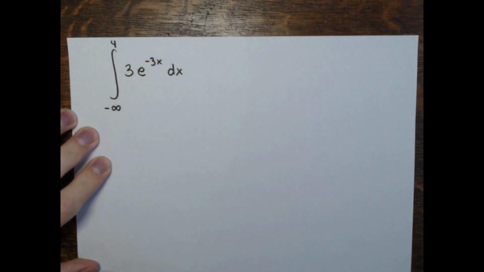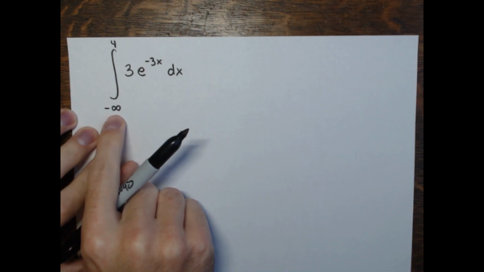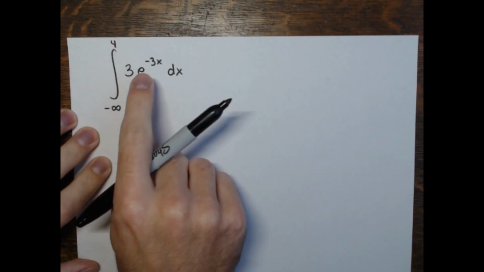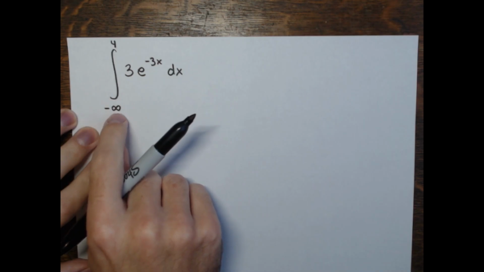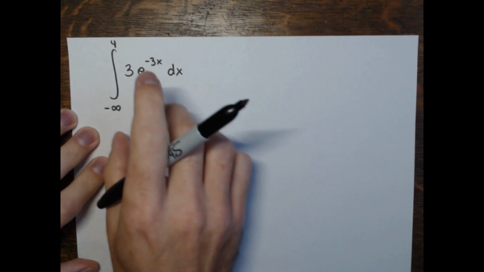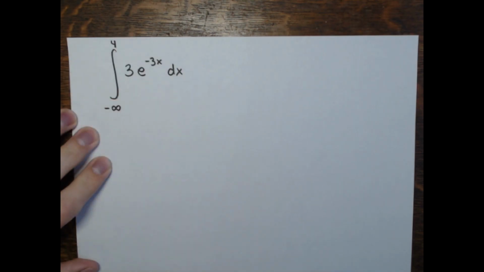Now, I do have a feeling, because my values of x here are negative, most of them, right? Negative infinity up to 0, and then 0 to 4, these will be small. But when you plug in bigger and bigger negative numbers, this e to the negative 3x becomes e to a big positive power. So the graph of this, if you go to the left, will be blowing up. It will be getting huge. And the area underneath that will be, I have a feeling this will be divergent, have an infinite limit.